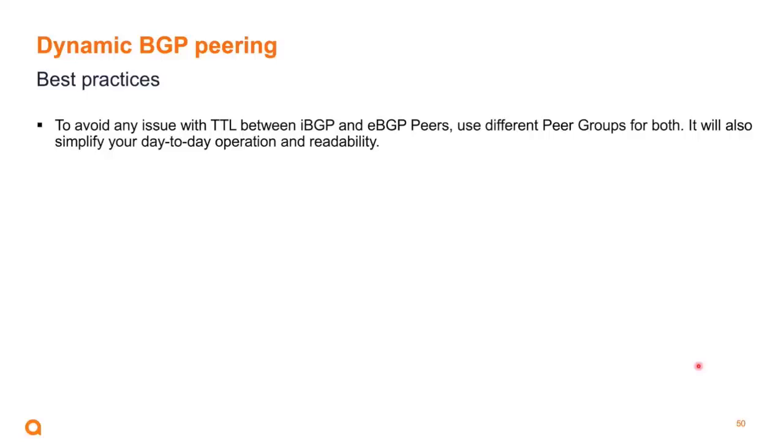It will allow you to simplify your day-to-day operation and the readability of the configuration. So when you can, use one dynamic peer group for iBGP and one other dynamic peer group, or several other dynamic peer groups, for your eBGP peers.